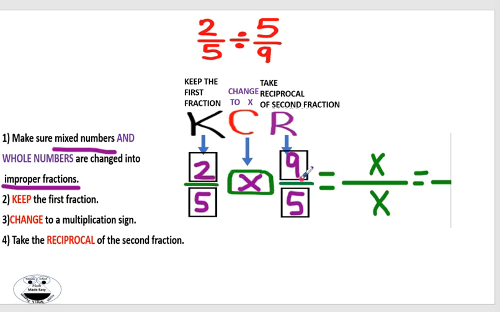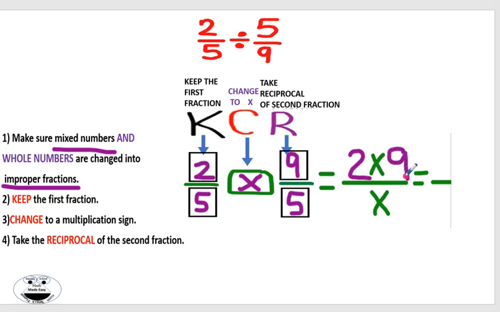So now, once you have it set up, what we did here is we didn't actually just change it to multiplication because we feel like it, but mathematically when we flip the second fraction, we get the same answer as multiplying. So multiplication is much easier. All we need to do is multiply the two numbers, the numerators, across. So I see a 2 and a 9.